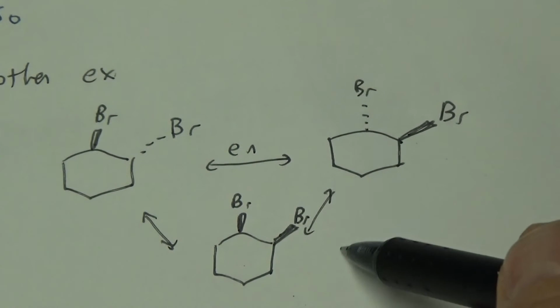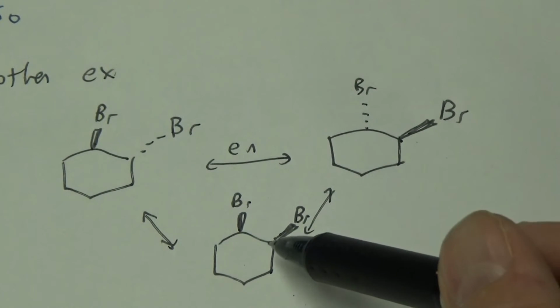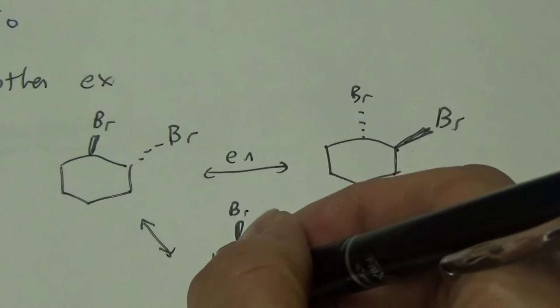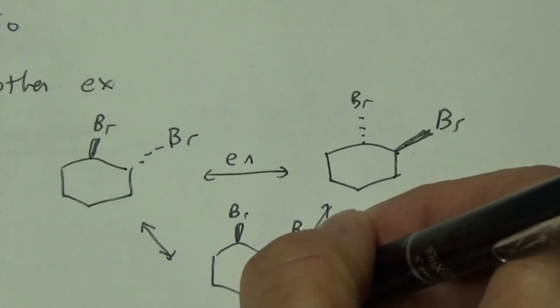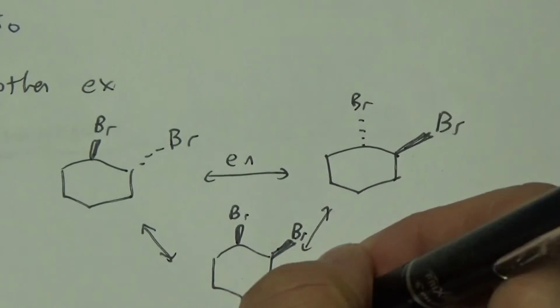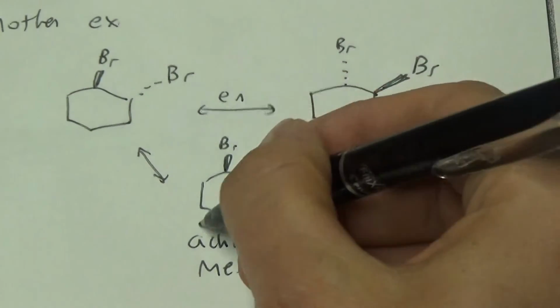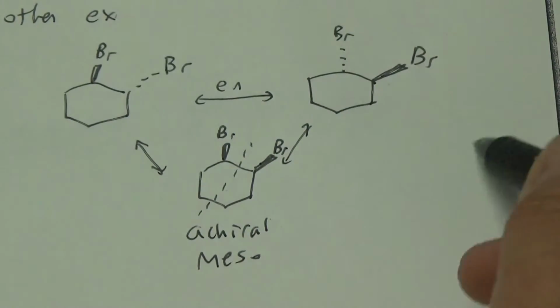And what is this, a chiral molecule or not? This is an achiral meso molecule, because now you have the plane of symmetry right through it. So that's pretty easy to see.